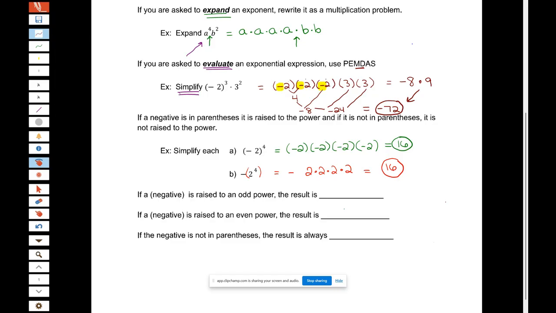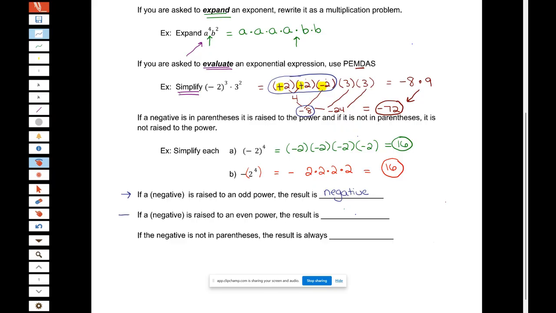And then the last is a little summary about raising negatives to odd or even powers. If a negative is raised to an odd power, the result is going to be negative. Like up here when we did -2 times -2 times -2, and we got -8 because there were 3 negatives. 2 of them canceled to make a positive, and then the last negative turned it negative again.